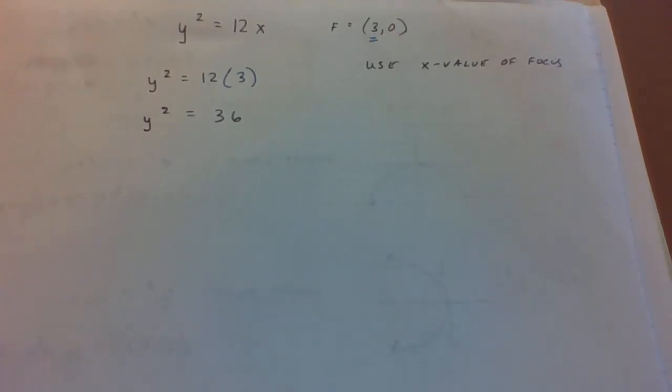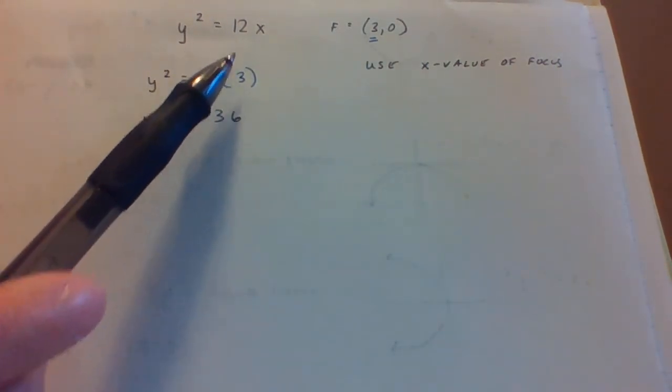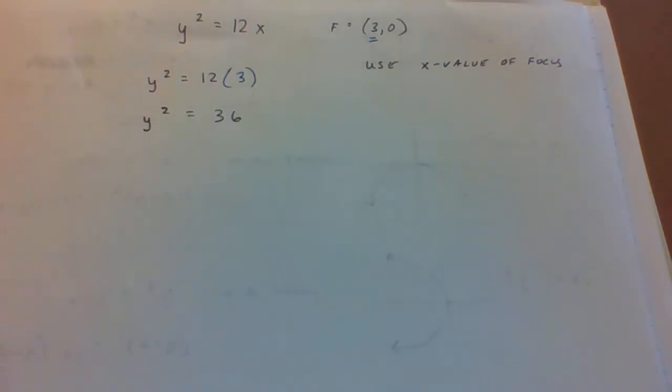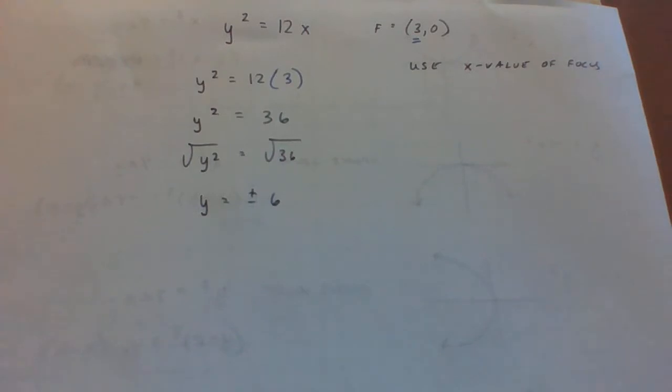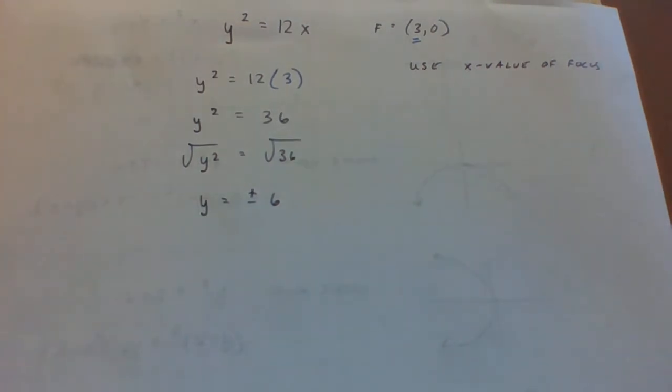Take a look at what happens. We're going to use this x value of 3, and when we plug it into this equation, 12 times 3 is going to give us 36. We can go ahead and take the square root of both sides. And we're going to end up with y values of positive and negative 6. So let's take a look at what these points are going to be.